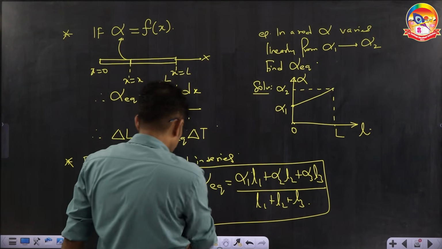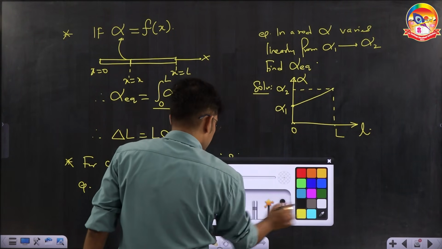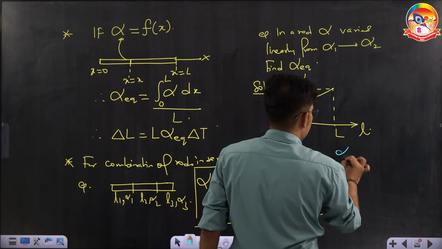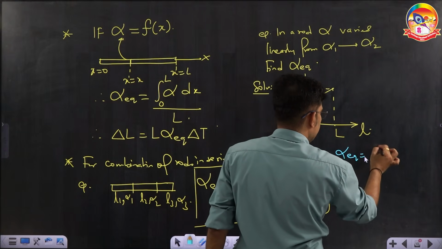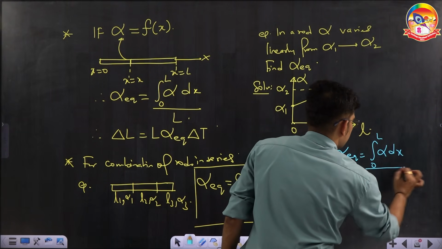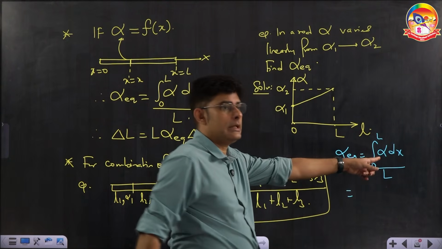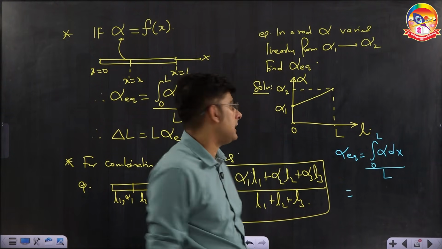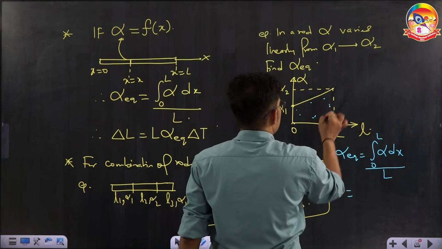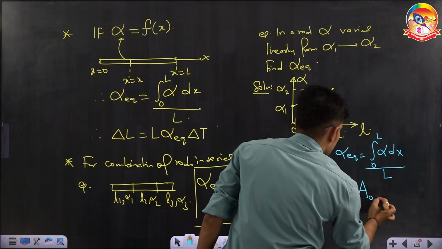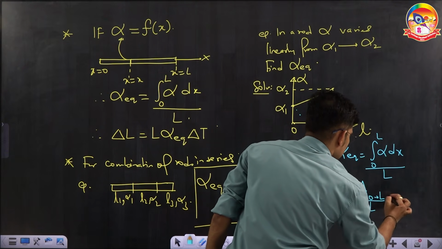Now let's see how we can get the answer quickly for this. If you write alpha equivalent, it is integration alpha dx from 0 to L by L. But do we know that the geometrical meaning of integration is nothing but area under the graph? So you just need to find the area under the graph from 0 to L and divide it by L. So what is the area?